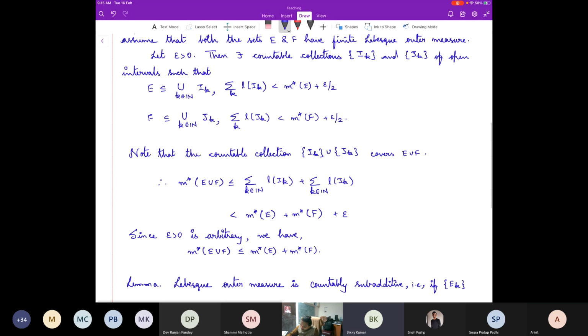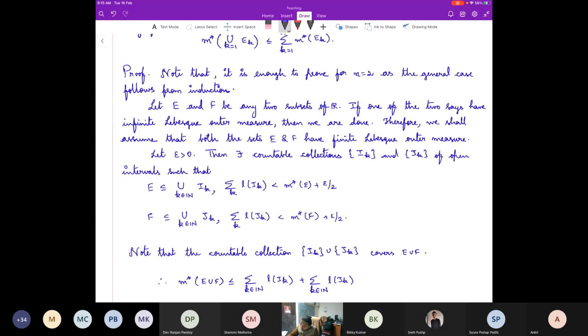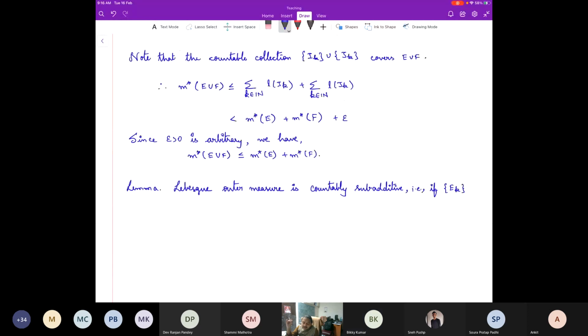So that is the reason we have first written: if any one of the two sets has infinite Lebesgue outer measure, then there is nothing to prove. The statement follows trivially. Sir, I am asking how we compare infinity. So this is what you expect, right? Let me write it down. Infinity plus infinity is infinity.